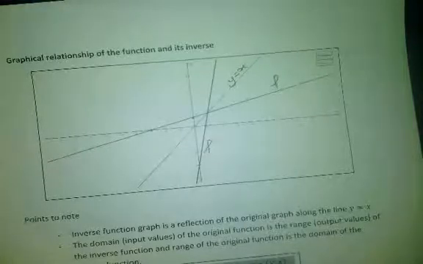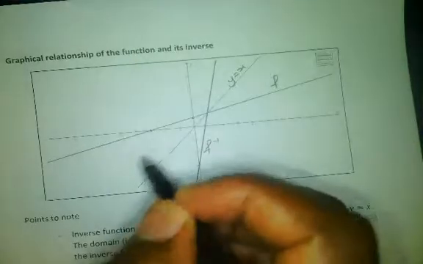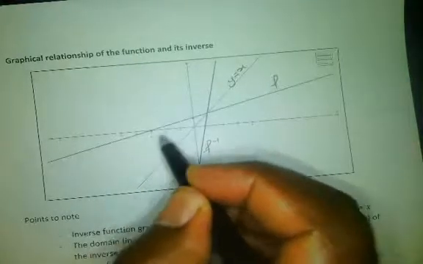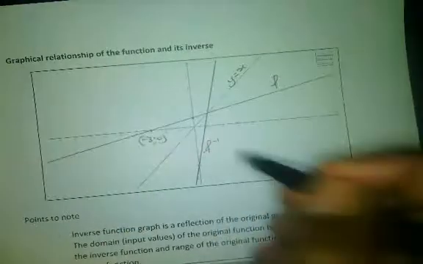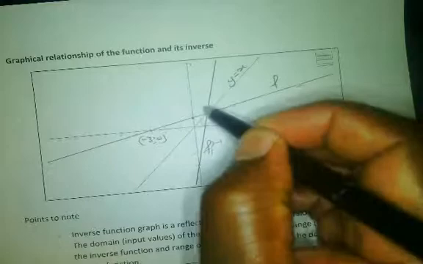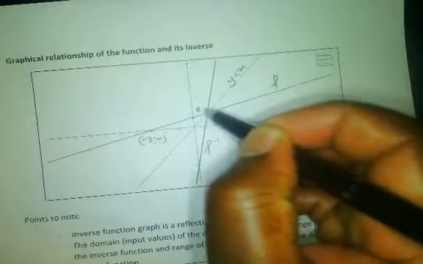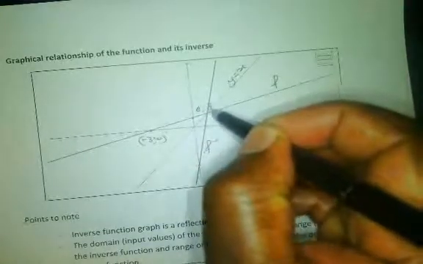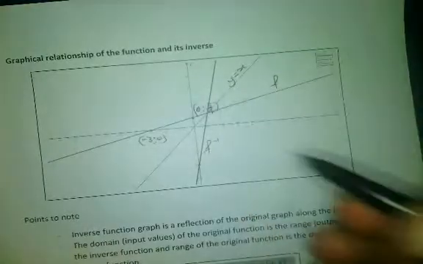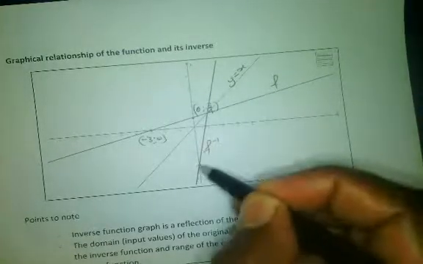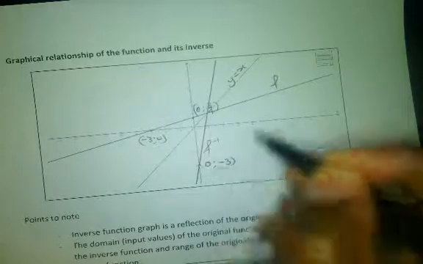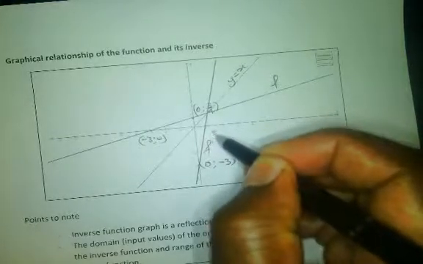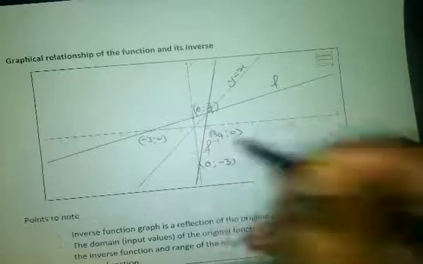And also, there are other things that we can notice. This point is negative 3, 0. This point is 0, 3 over 4. And now if we check, this point is 0, negative 3. This point is 3 over 4, 0.